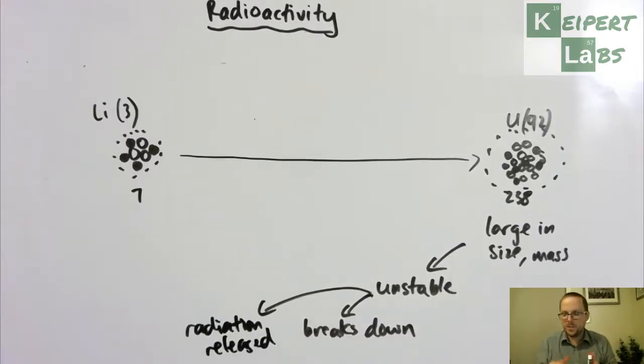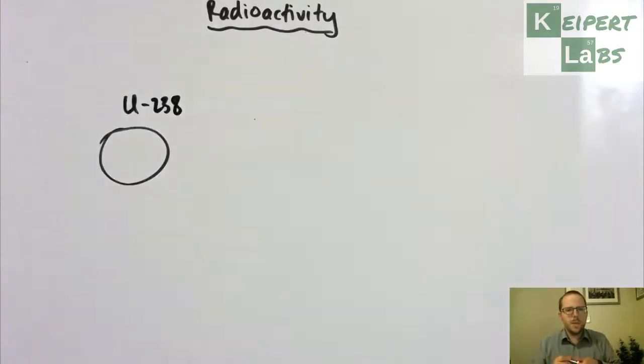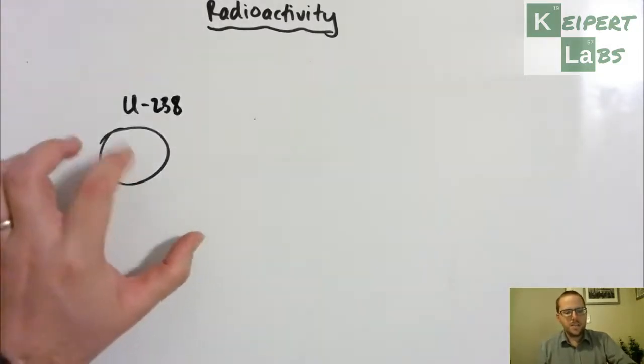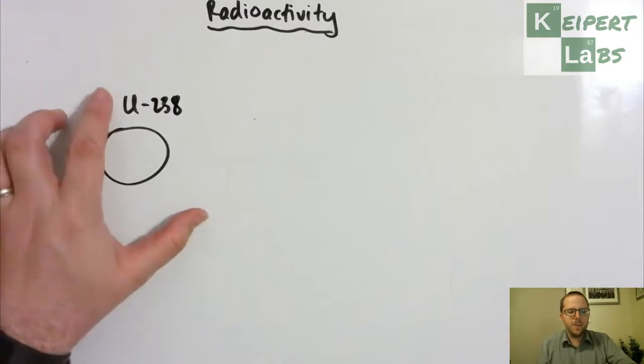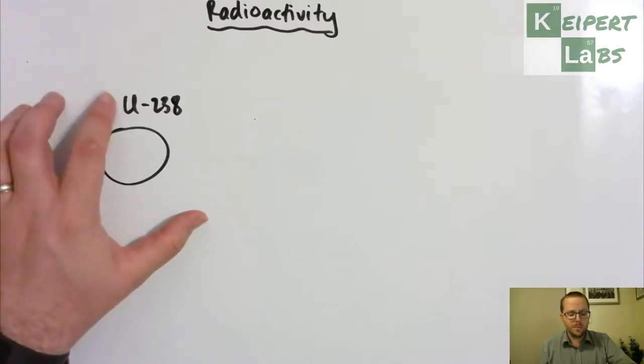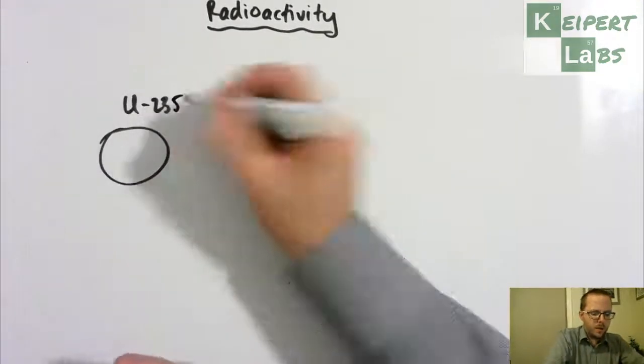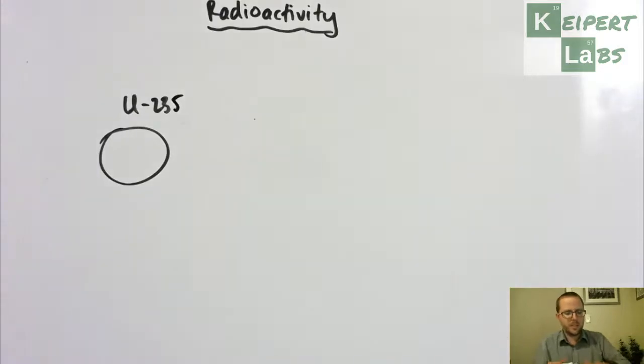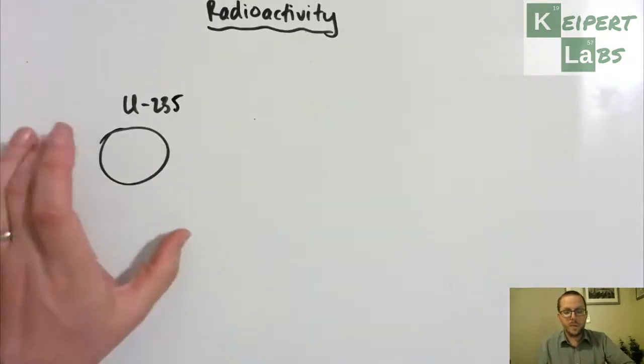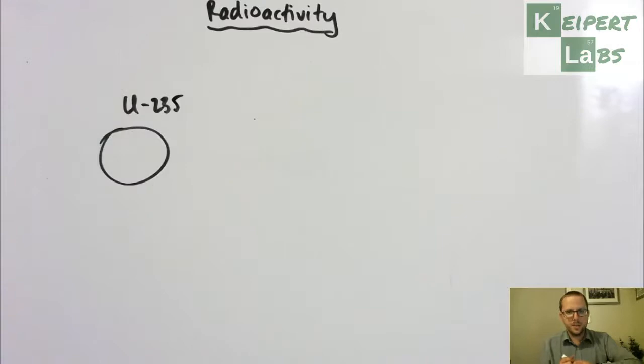Okay, so I'm going to illustrate a little bit about how that works now. Let's say this is the nucleus of an atom of uranium-238, one of the more common isotopes. Actually, no, I will change that slightly to uranium-235, a slightly lighter one, but still a very large nucleus.